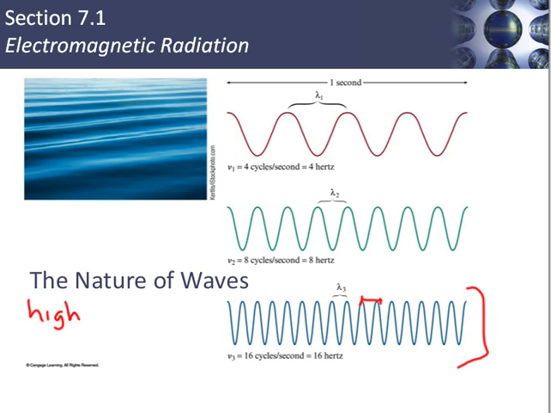High frequency, short wavelength. Now imagine if you had a rope and you were trying to make this frequency and you're going like this, faster, faster, faster. How would the energy be compared to like another wave? High. So high frequency, short wavelength, high energy light.